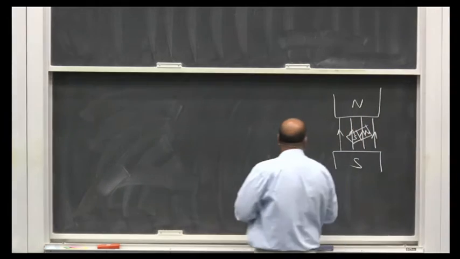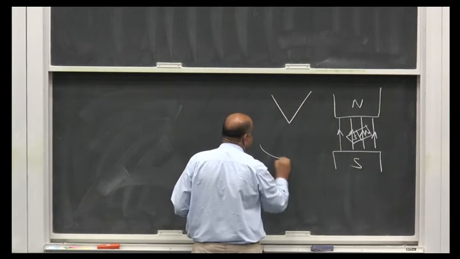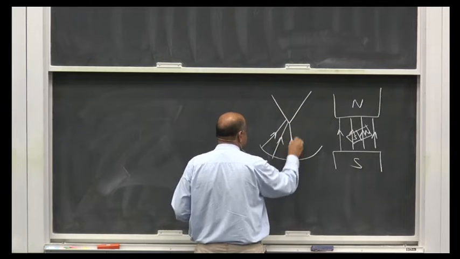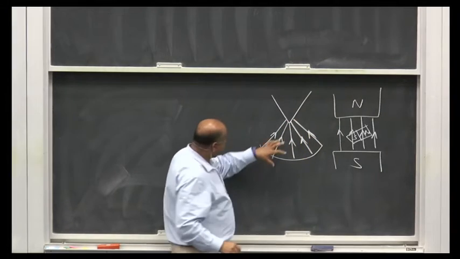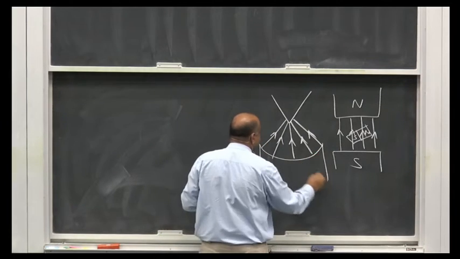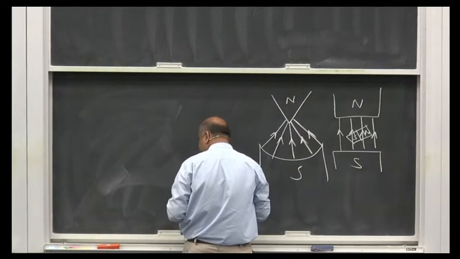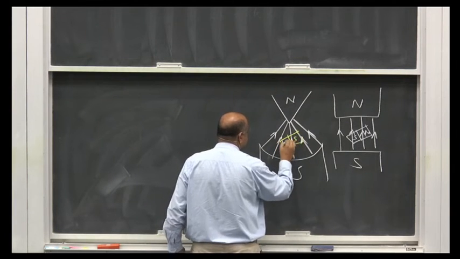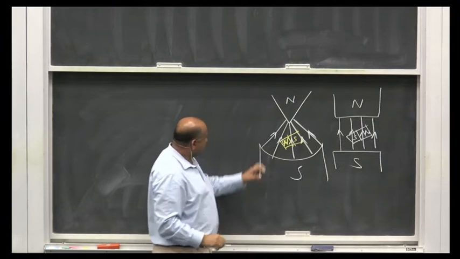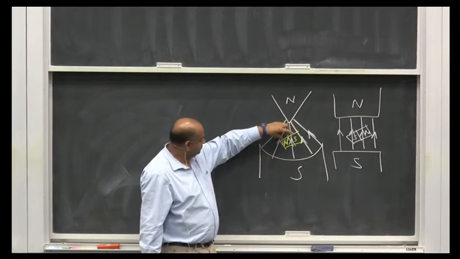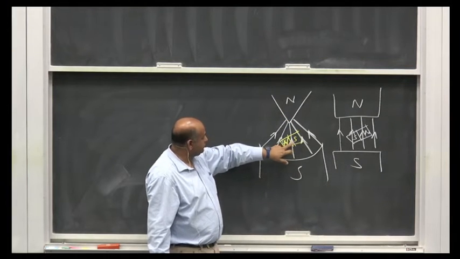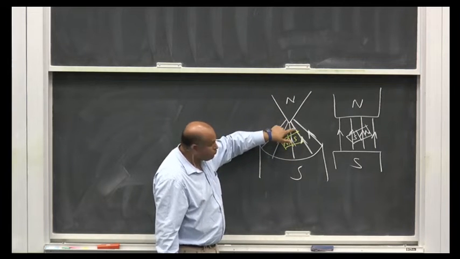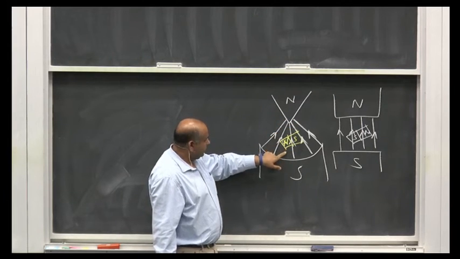But if we create a field like this, so this is a short band, so there's a magnetic field like this, and let's say this is the south pole, this is the north pole, and now if I put another small magnet here, now it will feel a net force either this way or this way depending on this S N. इस केस में अब यहाँ पे strong field है, यहाँ पे weak है, मतलब this is more attractive and this is less attractive.